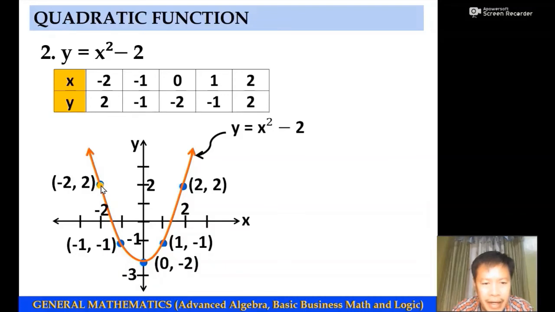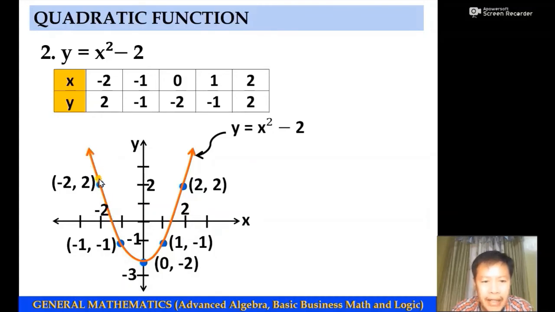And consider the symmetric point of this point. From the origin, 2 units to the right, 1, 2. Then go upward, 1, 2. And these are the coordinates (2, 2). Then you are going to connect the points with a smooth curve.